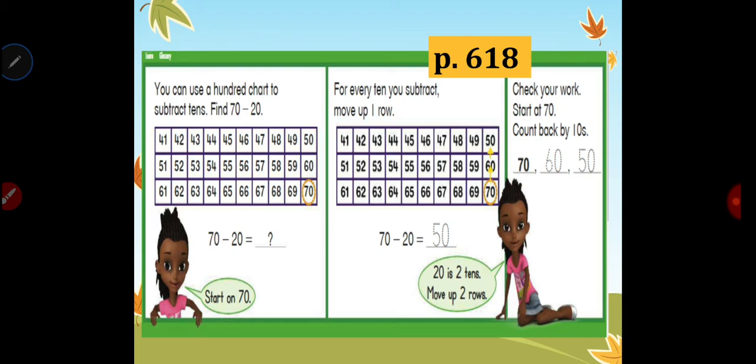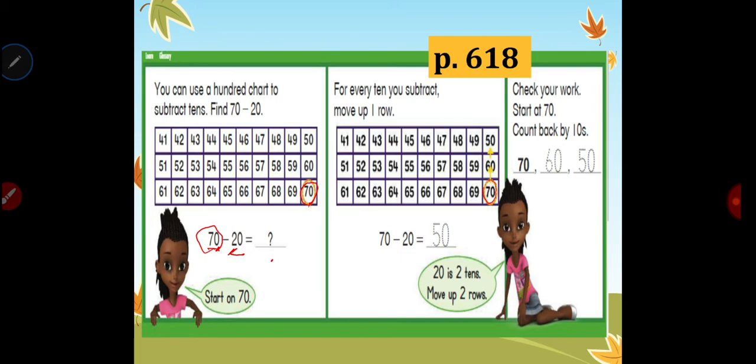Here are also some examples. Here we can see 70 minus 20 is equals to blank. First thing, we have to start on 70, which is already circled there. And the next thing we will do is to ask ourselves how many tens are there in 20. Then we will move up.